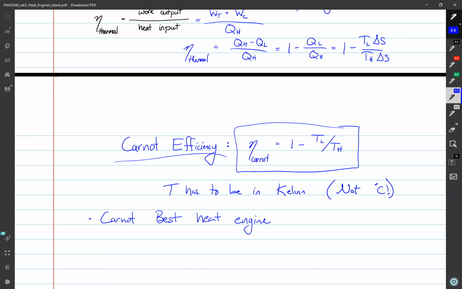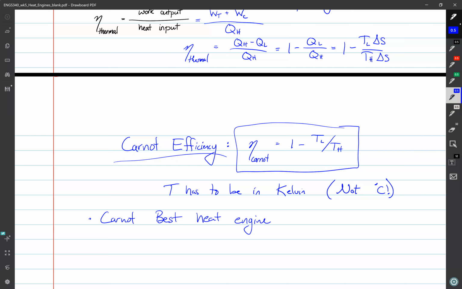As a concrete example, you can think of a car engine. The hot temperature is the temperature that the combustion reaction is reaching in your engine. The cold temperature is the temperature of the ambient environment where your exhaust is going out the back of your car. So we're always going to be limited by those two temperatures.